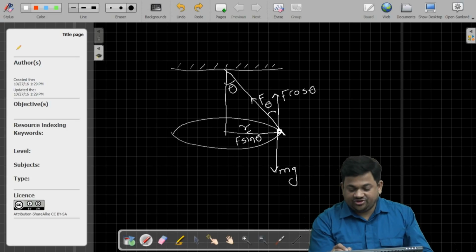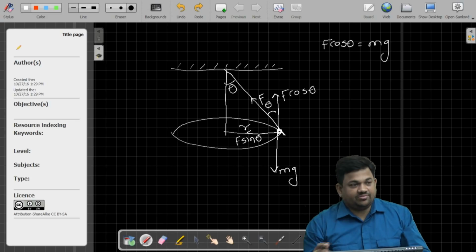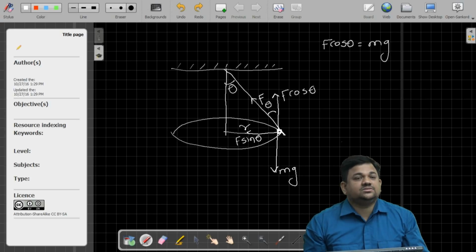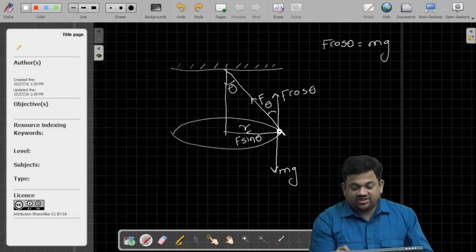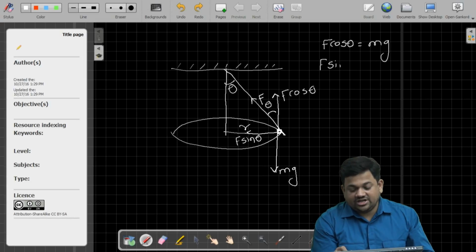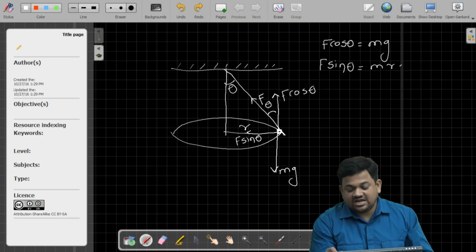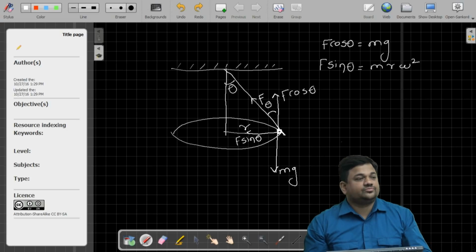Now what happens here is F cos theta balances the weight mg. Can you see this? F cos theta and mg, both of them are equal and opposite, so they balance each other. And F sin theta is acting along the radius towards the center, so that provides the necessary centripetal force.